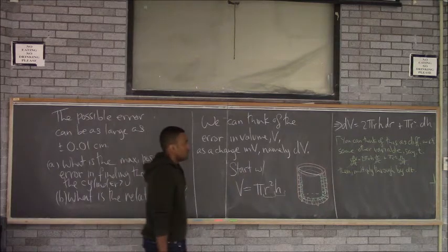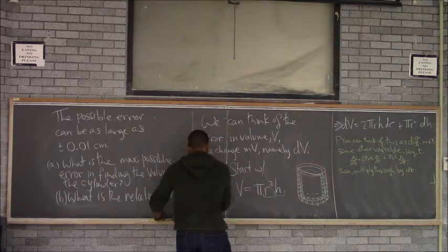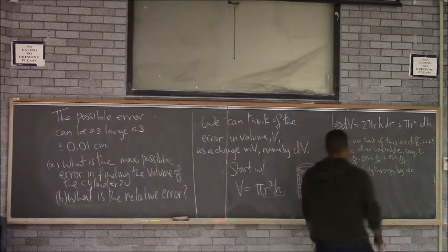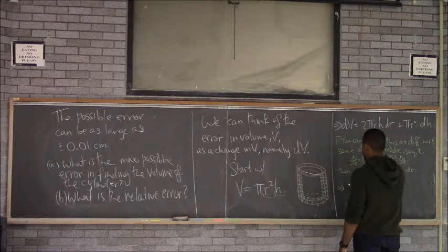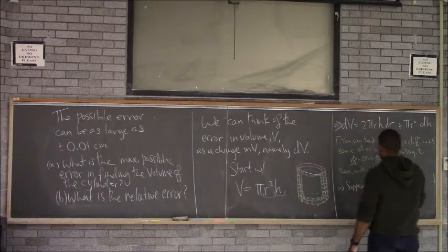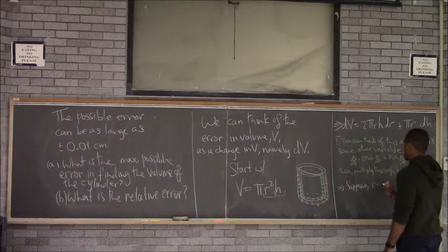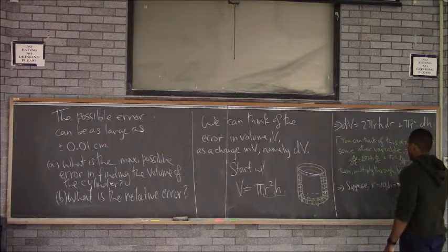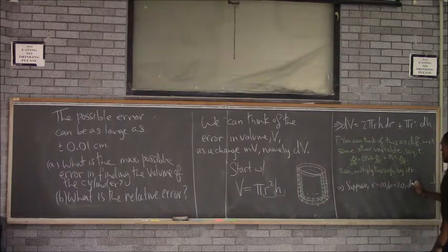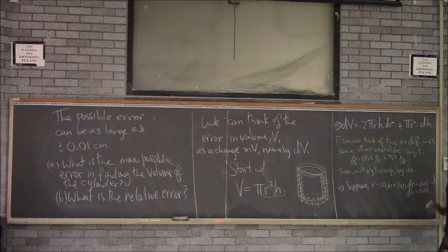Now, all we have to do is just plug in our values. Suppose R we saw was 10, H is 20. The possible error, the change in R, could be 0.01. The change in H could be 0.01.